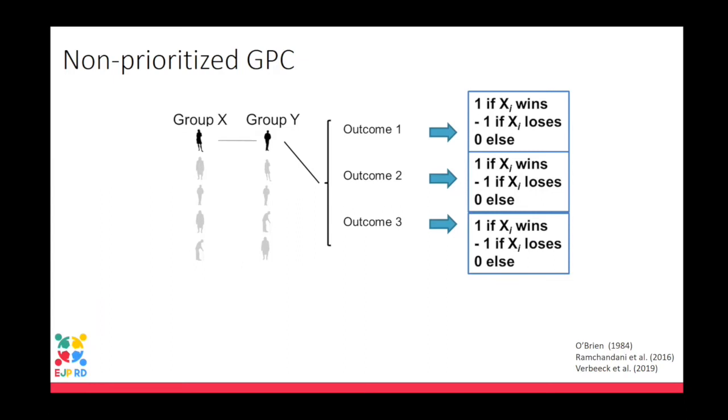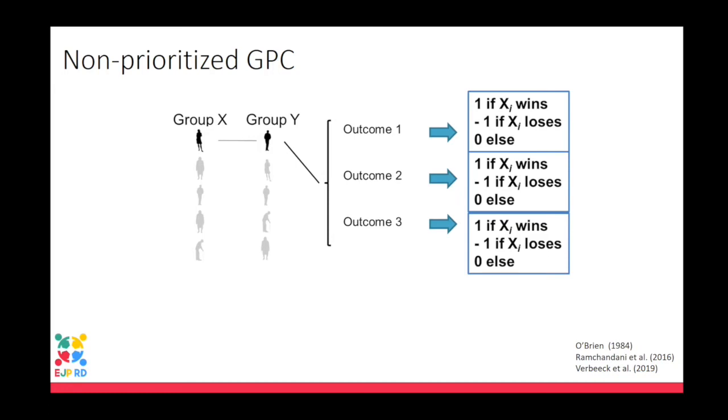So besides the semi-parametric and parametric t-statistic combination of multivariate outcomes, he also suggests a non-parametric combination, and actually you can extend that and that's what we now call the non-prioritized generalized pairwise comparison method. So in fact, instead of prioritizing the multivariate outcomes, you now do a pairwise comparison for each of the pairs on each of the outcomes that you have.